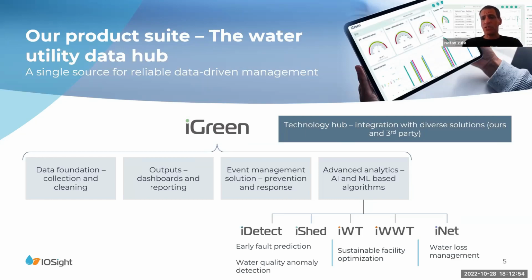And the fourth layer, which is the most important one, is the advanced analytics. And again, it is comprised of 2 elements. First, it's a configurable tool where each of our customers can tailor-make his own algorithms. And second, sets of off-the-shelf solutions, and we have 4 of them that already have the algorithm and the displays and the application embedded in them.